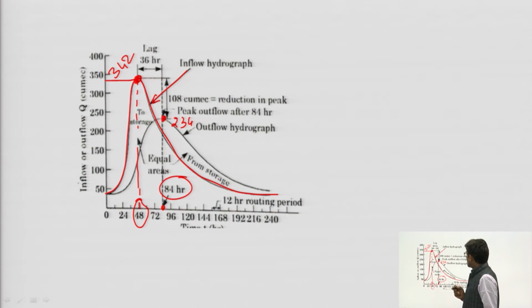Attenuation can be calculated. Attenuation is this difference, the decrease in the peak, the reduction in the peak outflow.